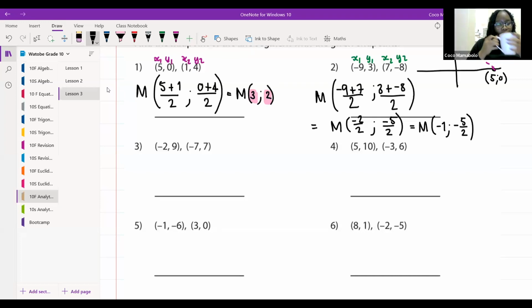What's up? Ma'am, I did number 3, so I need to answer number 3. Are you gonna help me do it? Yes, ma'am. Absolutely. Let's go. What am I gonna write? First you're gonna write m equals -2 plus -7 over 2. Then a semicolon, and then 9 plus 7 divided by 2.